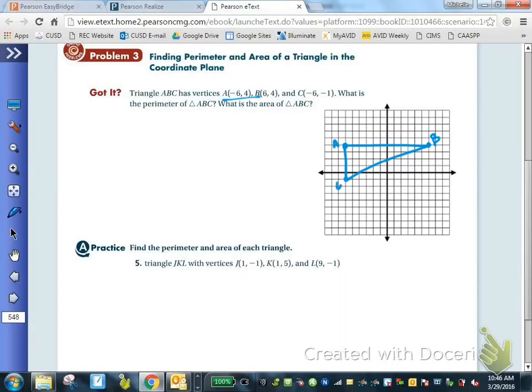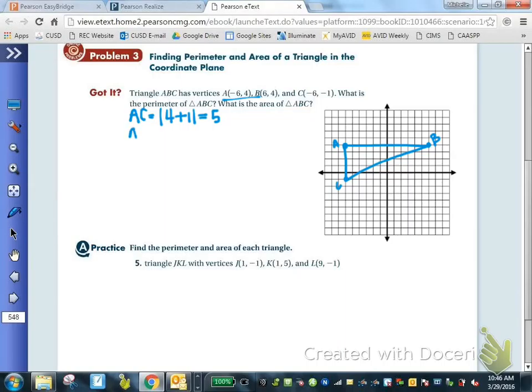Question. How would I find the length of AC? Jen. You would subtract the y of A and the y of C. So that's going to be 4 minus -1, so 4 plus 1, which is 5.